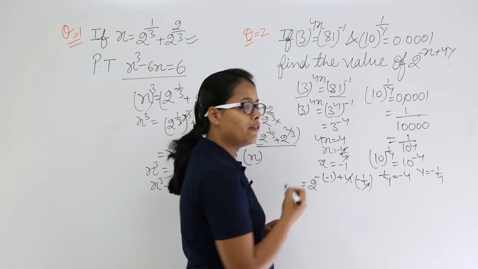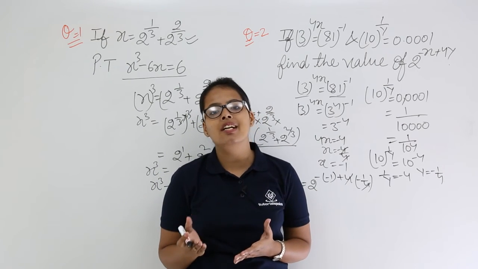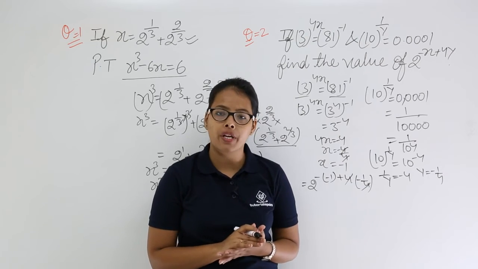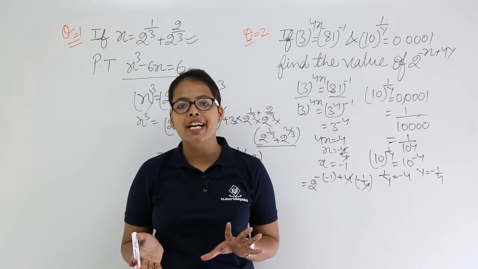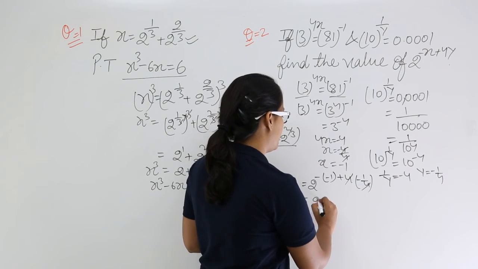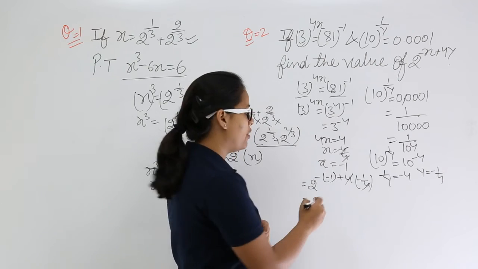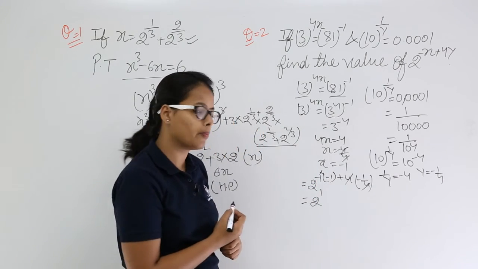4 will cancel 4. When you multiply two negative values, your result is always going to be positive. And when you are multiplying one positive value and one negative value, then your result will be negative. So here, as you are multiplying two negative values, this is minus 1 into minus 1, so this will become positive 1.